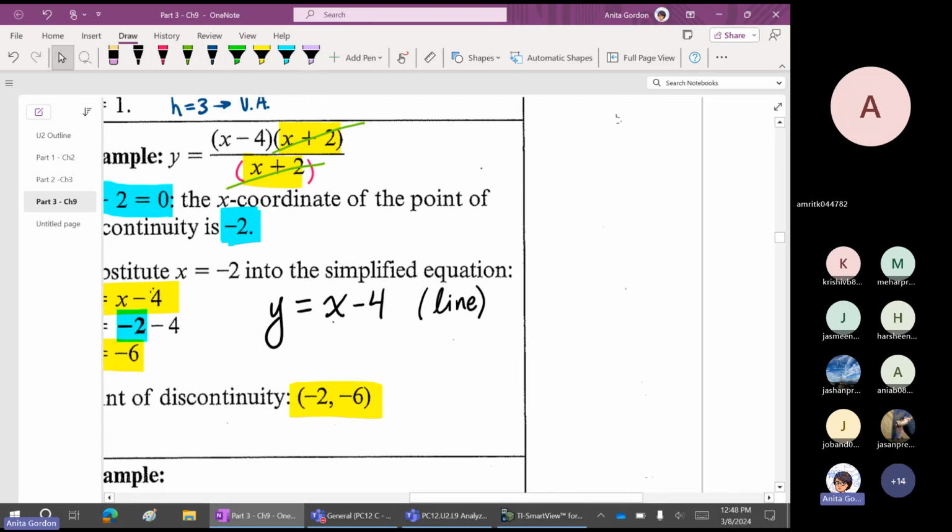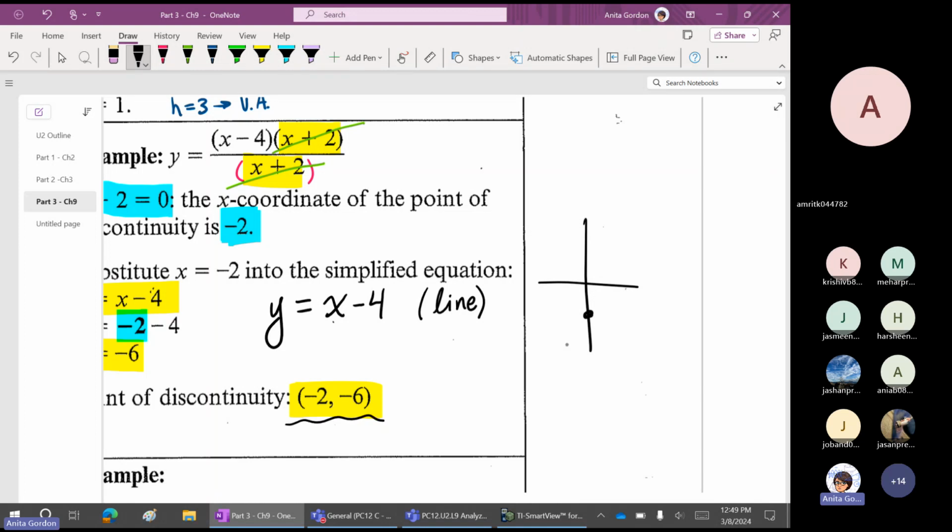I want you to imagine something with me. Let's draw a quick sketch. X minus 4 means I have a y-intercept at negative 4. What is my slope? 1 over 1, right? So I also have a hole at negative 2, negative 6.